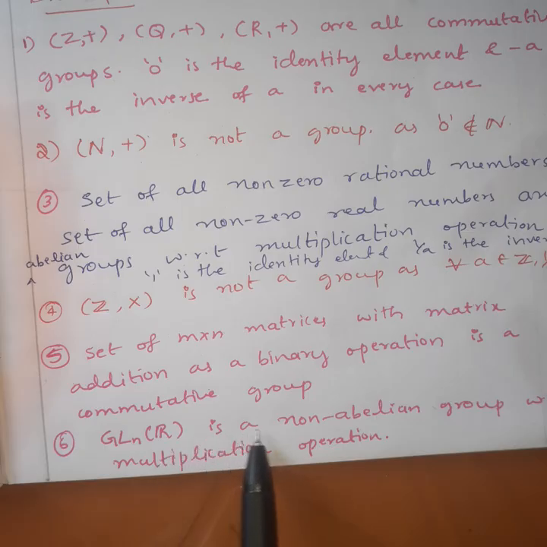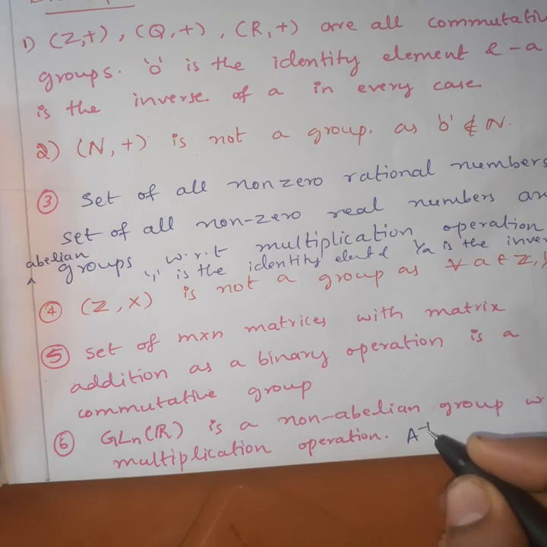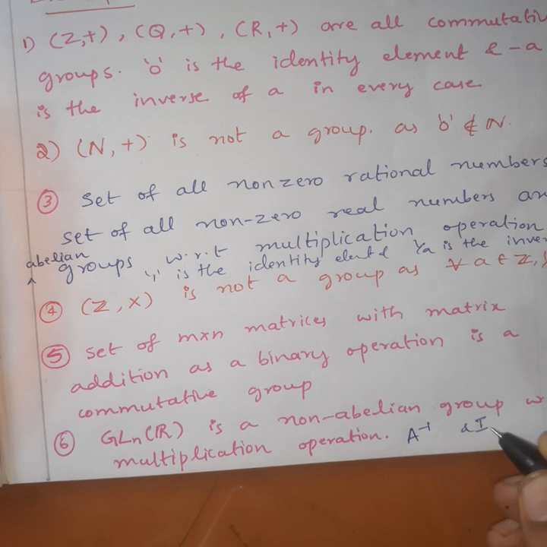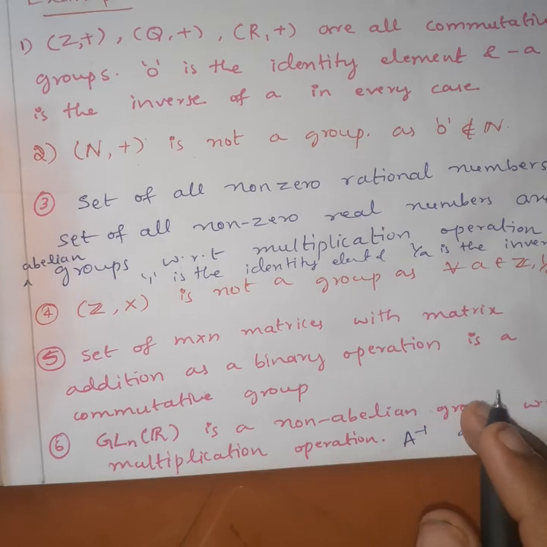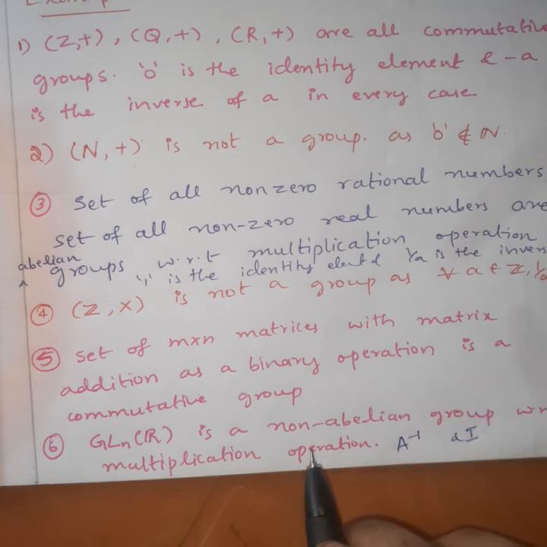These matrices form a non-abelian group with respect to the multiplication operation. A inverse is the inverse element and the unit matrix, the identity matrix, is the identity element of this group. So the set of all n cross n matrices is a group if and only if it is invertible, that is, the determinant is non-zero.